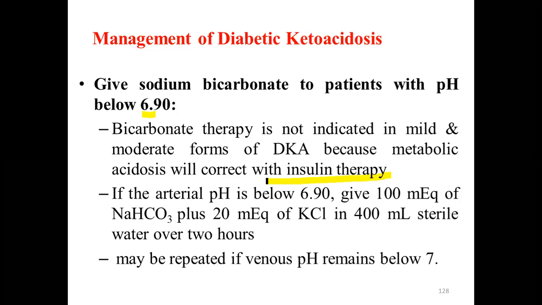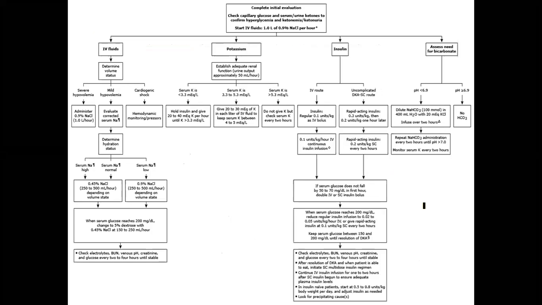However, if the pH is below 6.9, you are supposed to give sodium bicarbonate. It can even be repeated if the pH remains below 7 after the initial administration. So if it is below, you give about 100 milliequivalent of sodium bicarbonate.